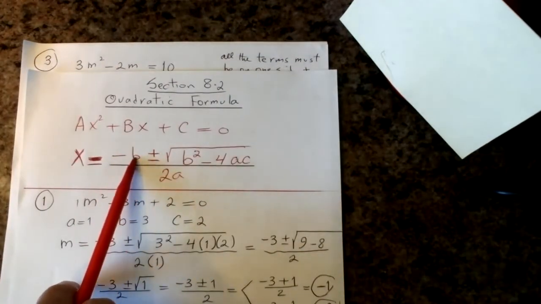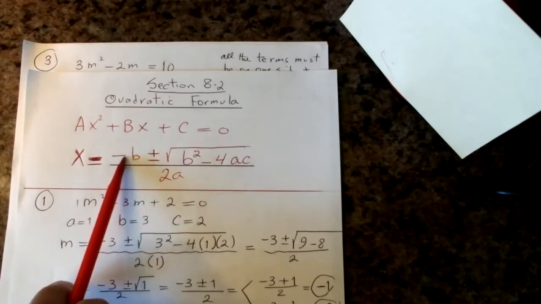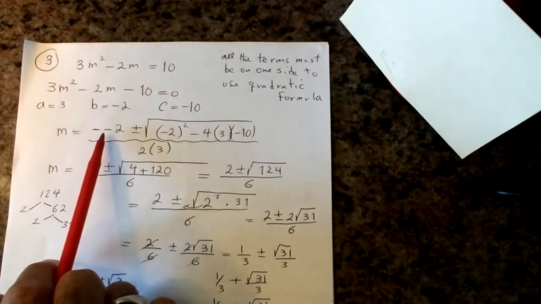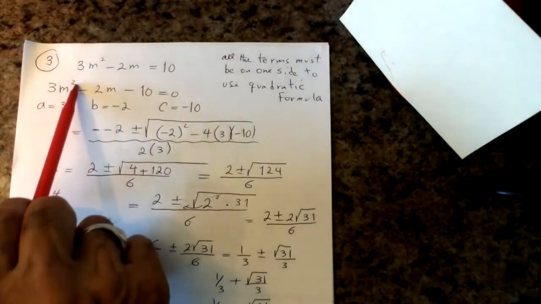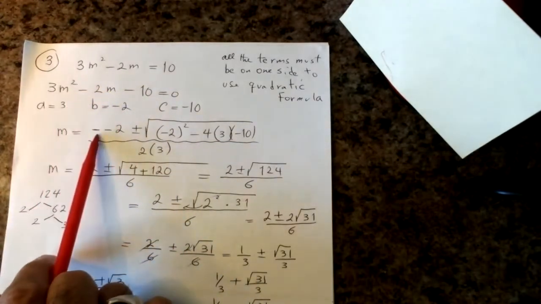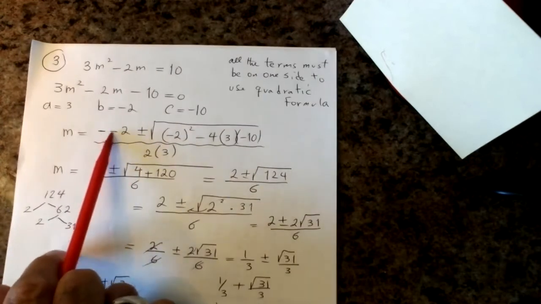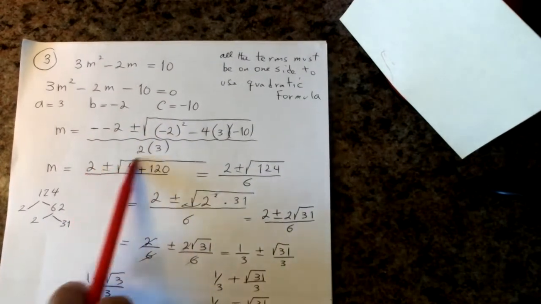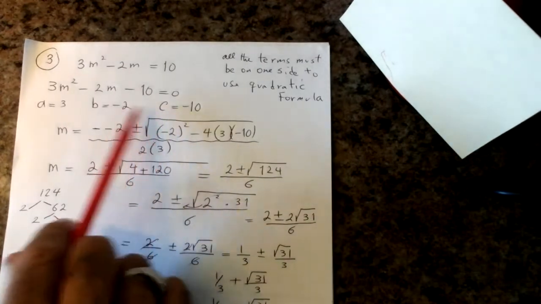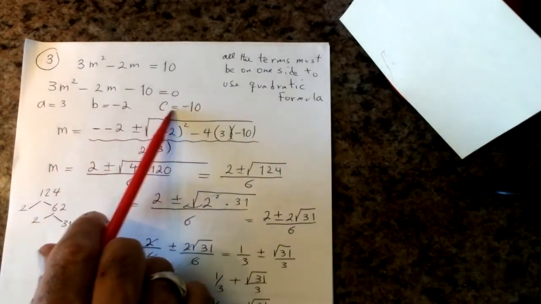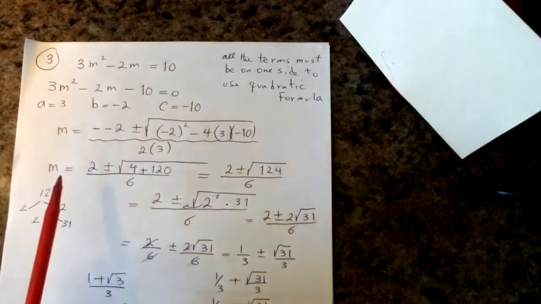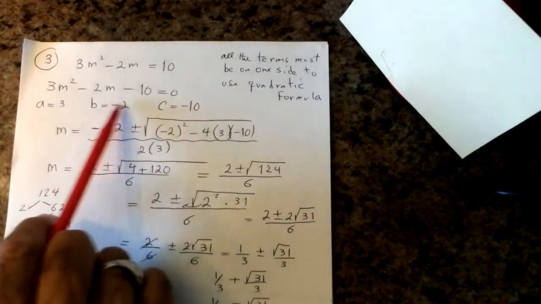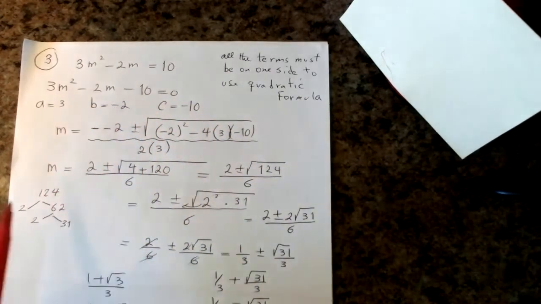If b is negative, then negative times negative becomes positive. So when you are using the quadratic formula, you have to be very careful about the signs, plus or minus. Make sure you don't make a mistake working on a, b, c, especially when you're dealing with the negative sign.